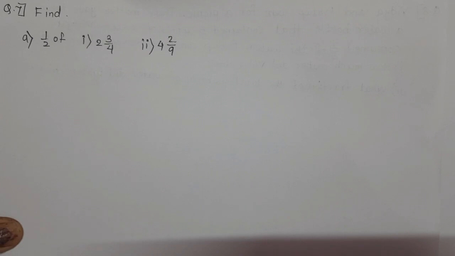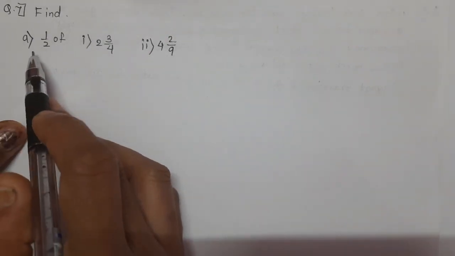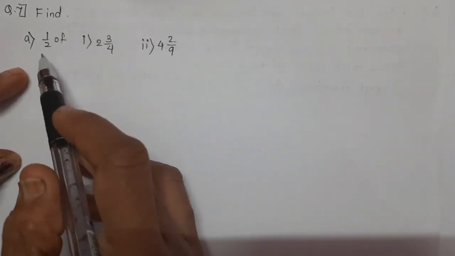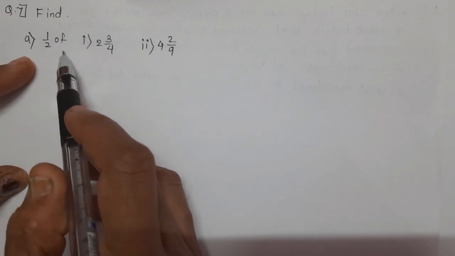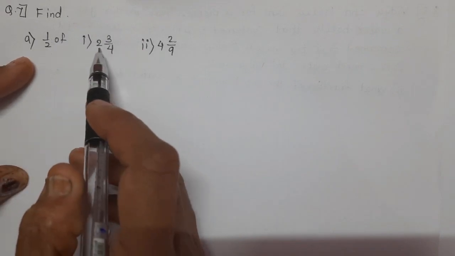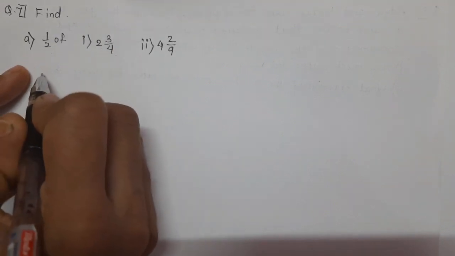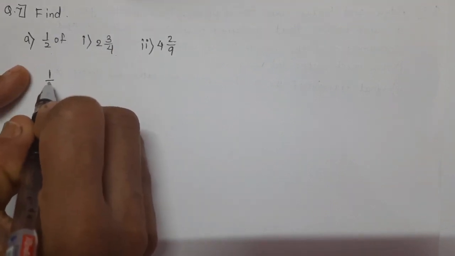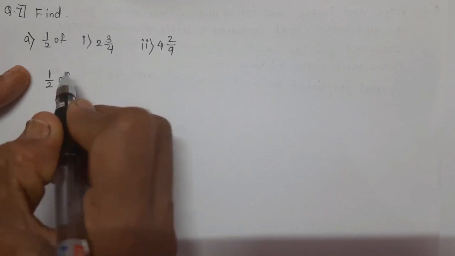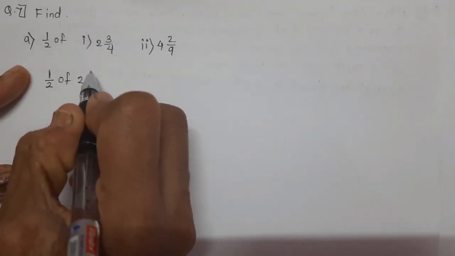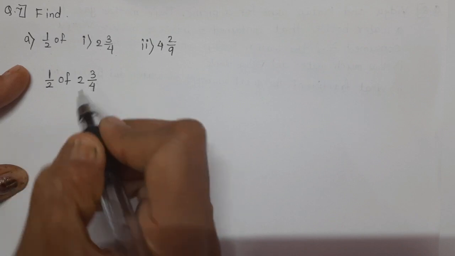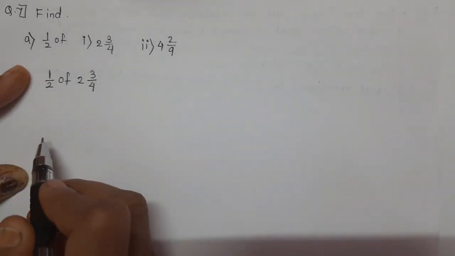Let's solve question number 7. Find, from that first one, A1, half of 2 integer 3 upon 4. First we'll find half of 2 integer 3 upon 4. Now what does 'of' represent?